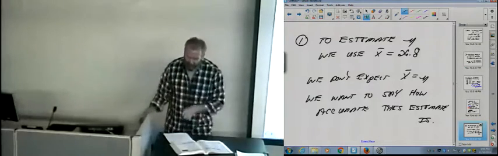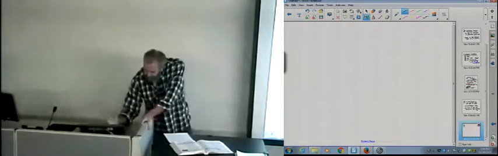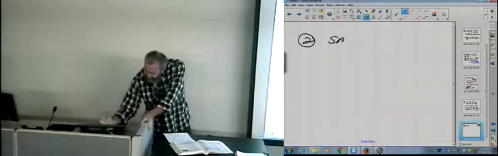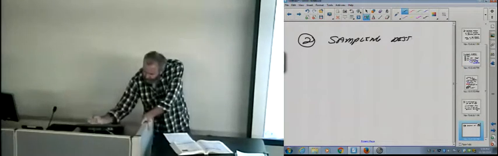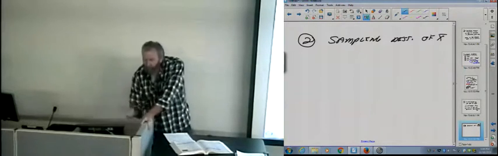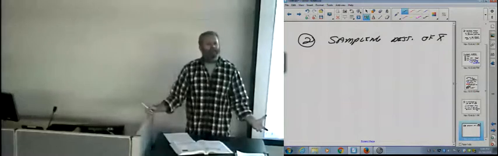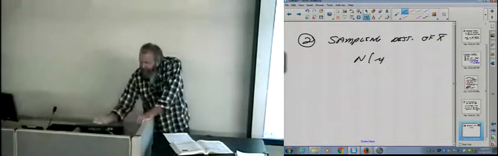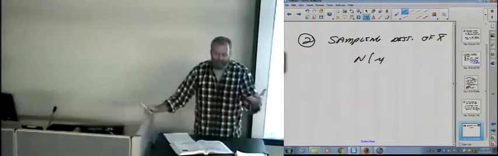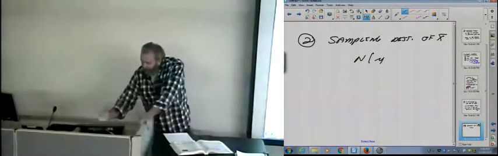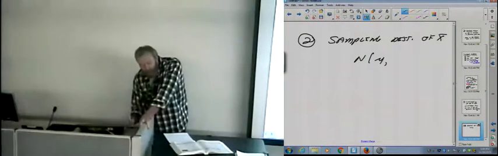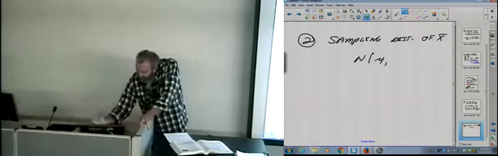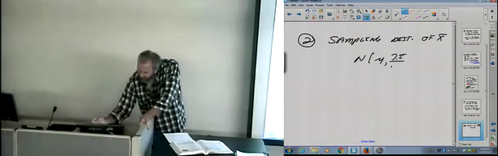Now, number 2. Here's what we know. If we look at the sampling distribution of x bar, we know something about it. The population distribution is assumed to be normal. The sampling distribution is normal. It has an unknown mean mu. Remember, it's the same as the mean of the population distribution. And its standard deviation is sigma over the square root of n. It's 7.5 over the square root of 654.